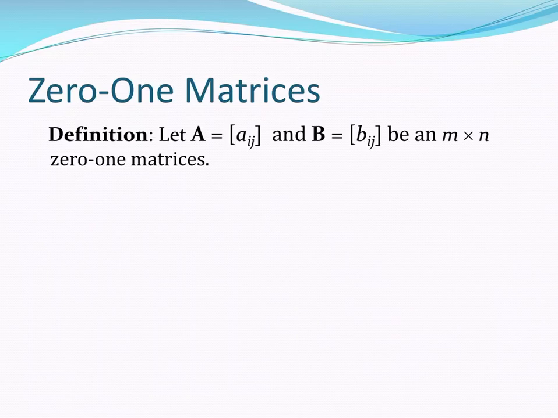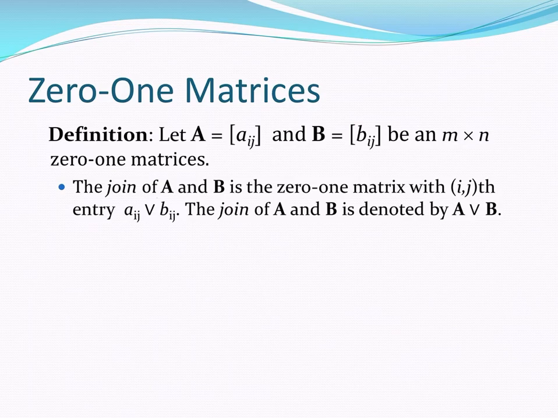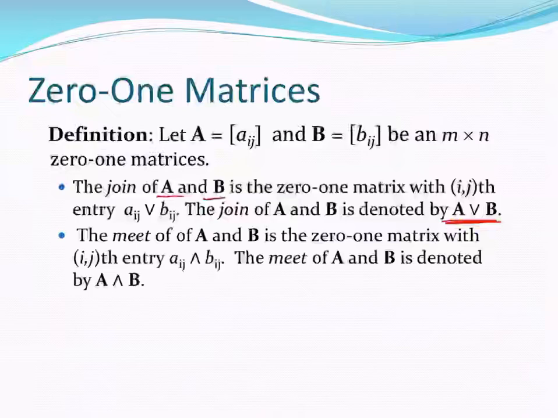All right, if we have a couple of 0-1 matrices, the join of A and B is another 0-1 matrix with the same dimensions as A and B. The elements of the join will be the Boolean sum, the OR operator, for the various elements of A and B. And then the meet of A and B is also a 0-1 matrix with the elements Aij and Bij, or the product of each element by element.